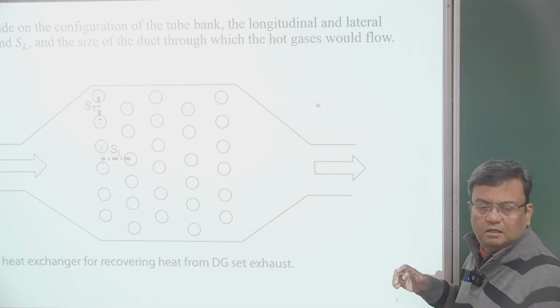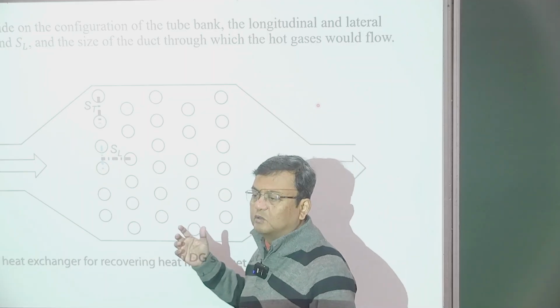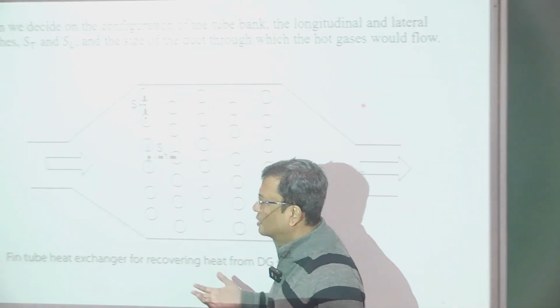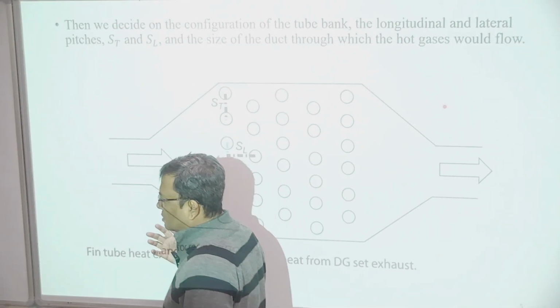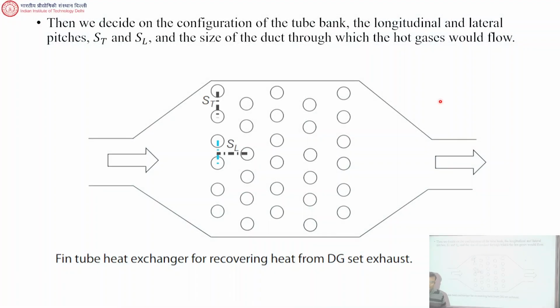So there is a DG set, and the DG set gives out flue gases, obviously, because there is burning of diesel and all that. So the flue gases carry some heat which is actually useful. So that heat can be utilized. So how do you utilize that? In the example that we were considering in the last class, that heat is utilized to convert some water to steam.